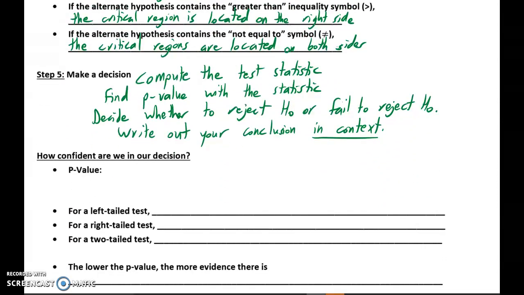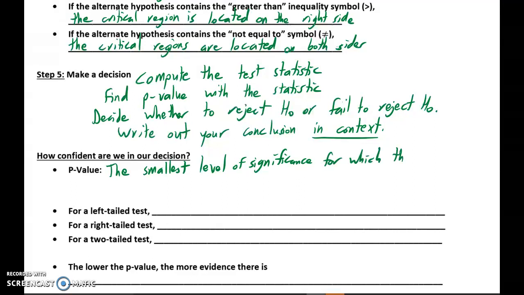Now, what is a p-value? A p-value is the smallest level of significance for which the observed sample statistic tells us to reject the null.